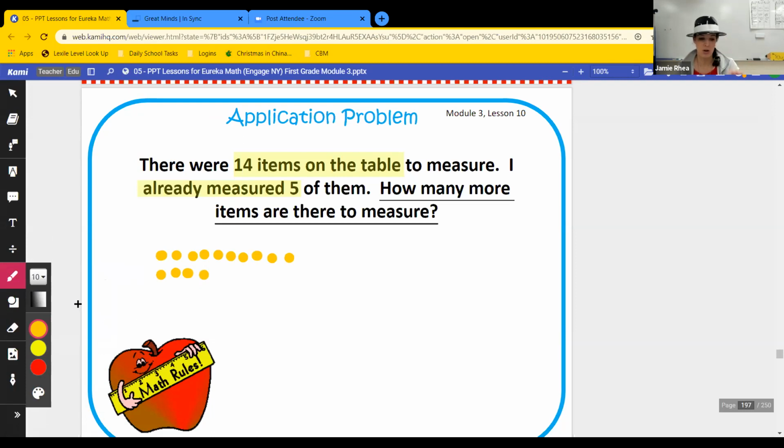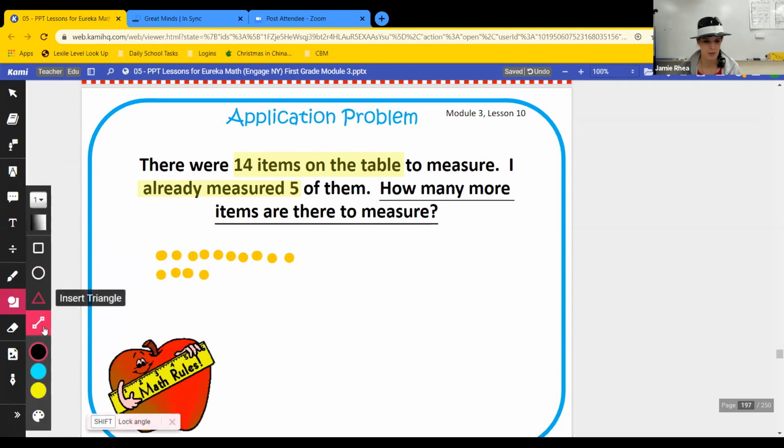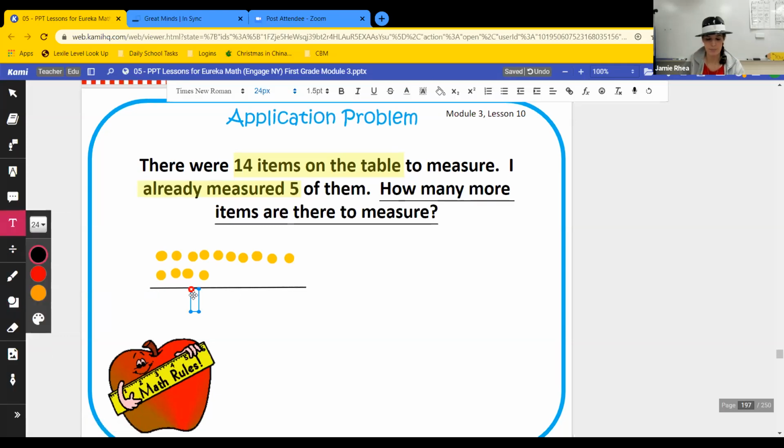Now these are all already on the table. Actually, let's just draw one underline, might be easier. 14 on the table. So we're going to put table, and we're going to put 14.